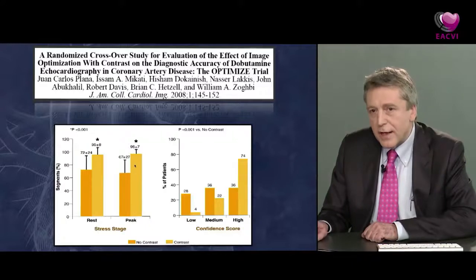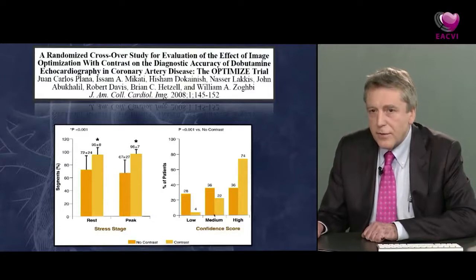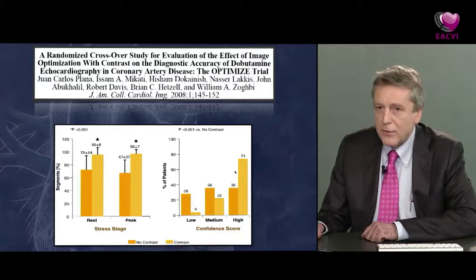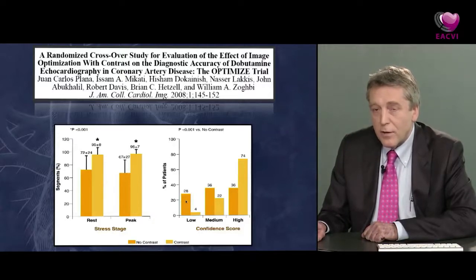And that translates into increased confidence in terms of interpretation. So you can see that the number of patients where the readers had a high confidence for their diagnostic interpretation was much, much higher when contrast was used rather than when it wasn't used. And of course the converse was when it was low. So they had much less confidence when contrast wasn't used.